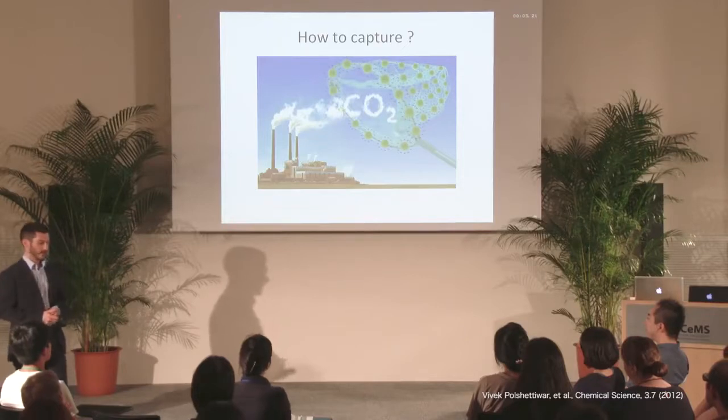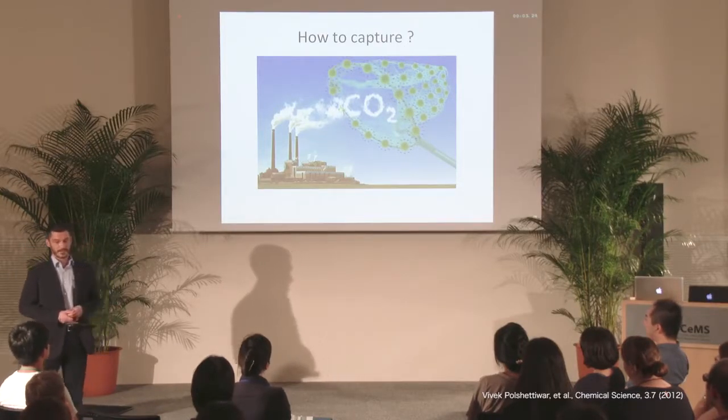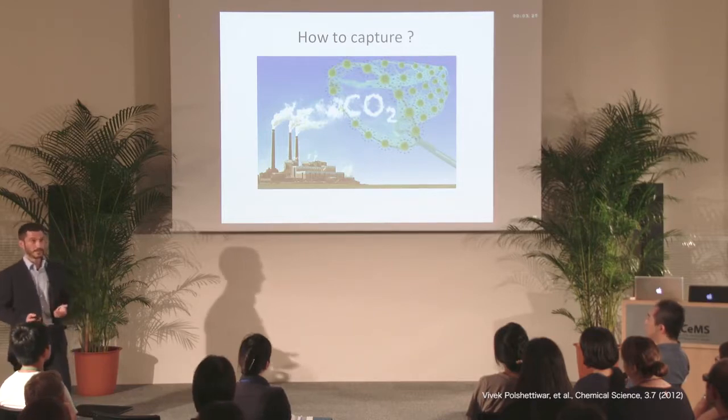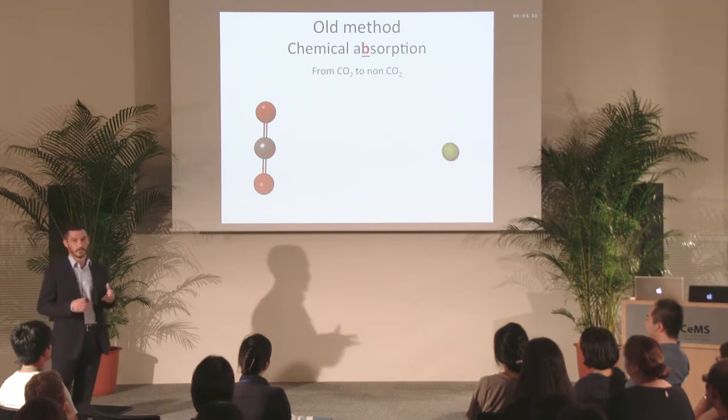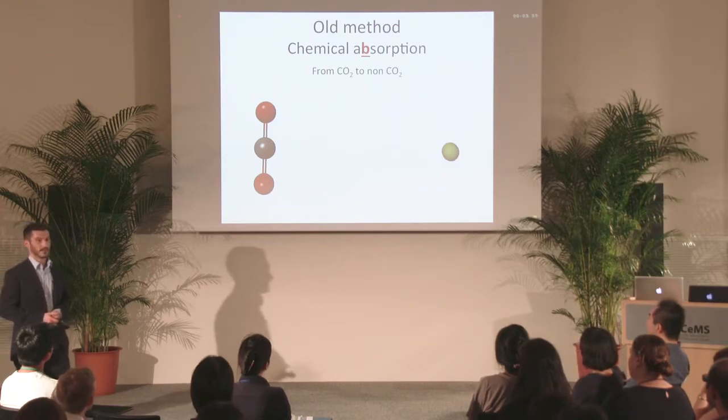So how can we capture carbon dioxide from emission sources? Well, there are several techniques that have been developed, and I would like to show you the first example, which I call the old method because it has existed for a long time, but it's still very powerful, and this is based on chemical absorption.